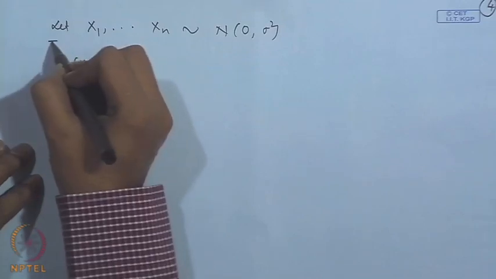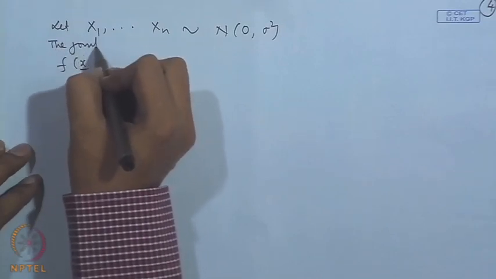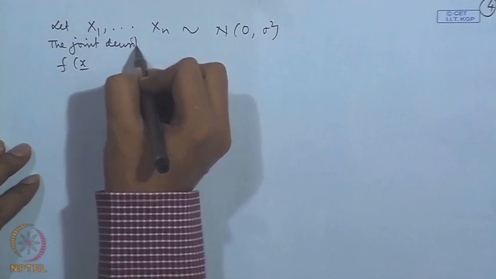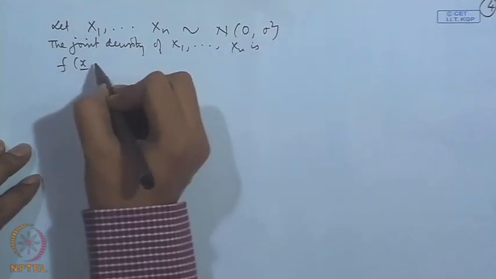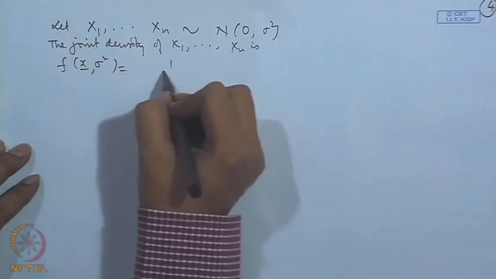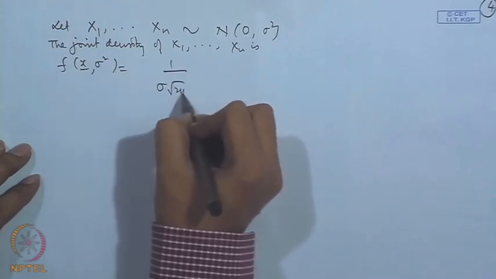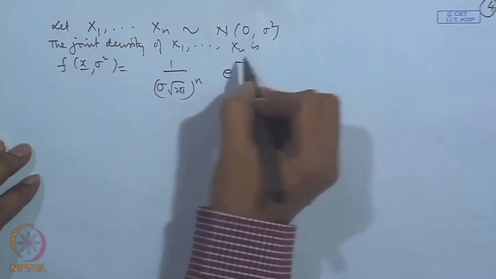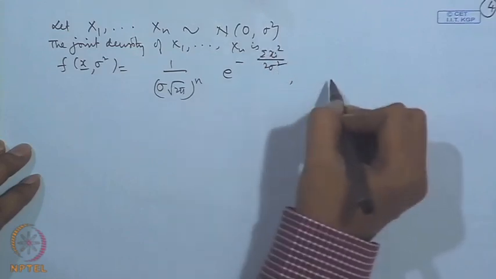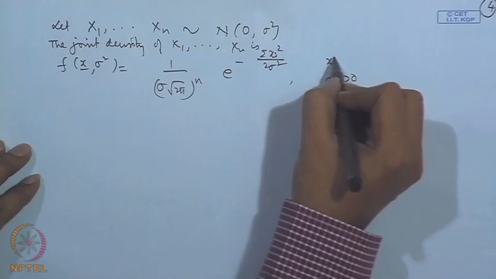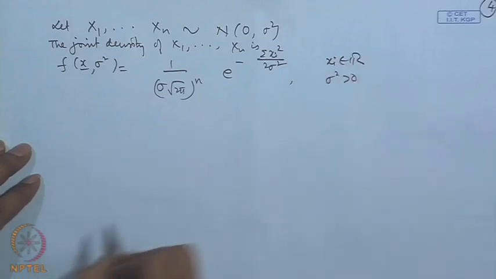The joint density of x 1, x 2, x n will become 1 by sigma root 2 pi to the power n e to the power minus sigma x i square by 2 sigma square, where sigma square is positive and each x i is on the real line.